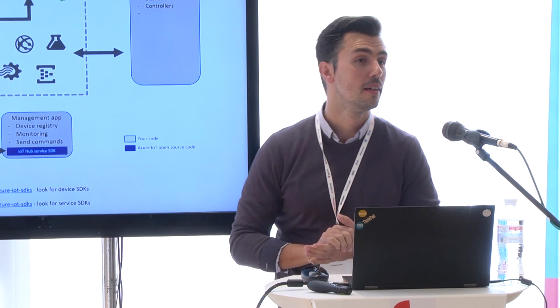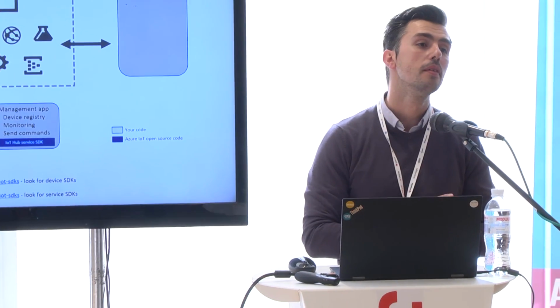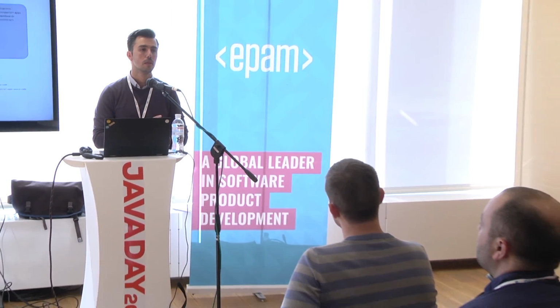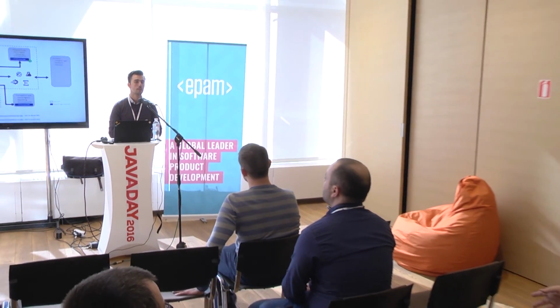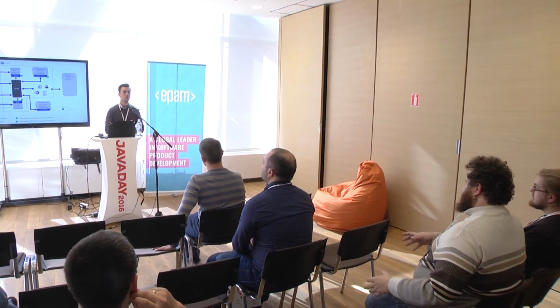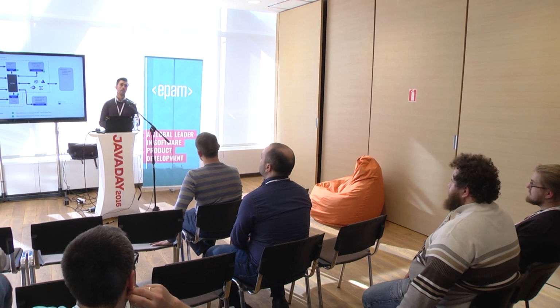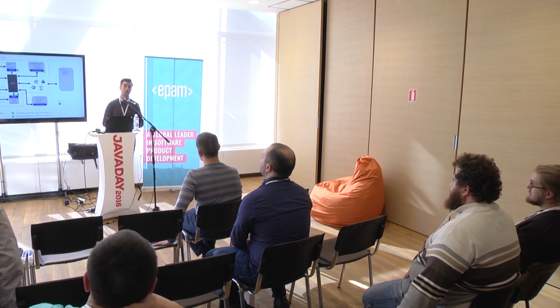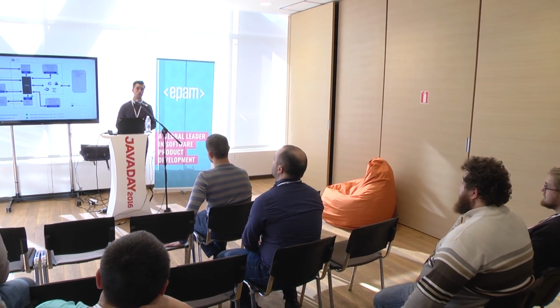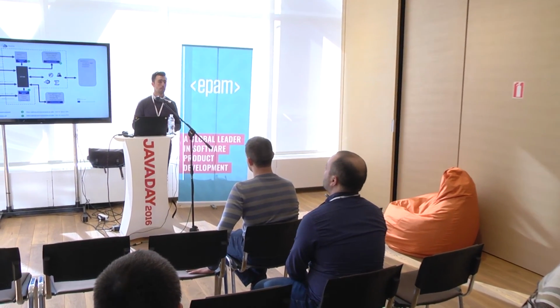Okay. Any other questions? Yeah. You said that there are a few SDKs available. What about Java-based languages and other languages? Is there any API to add support for Scala or something like that? Yeah, at this point, the supported languages for devices are JavaScript, C, Java, C#, and Python.